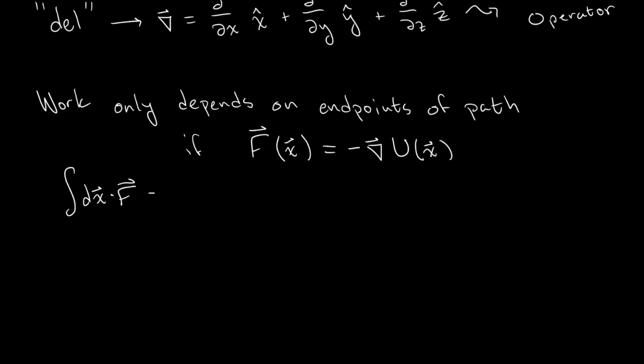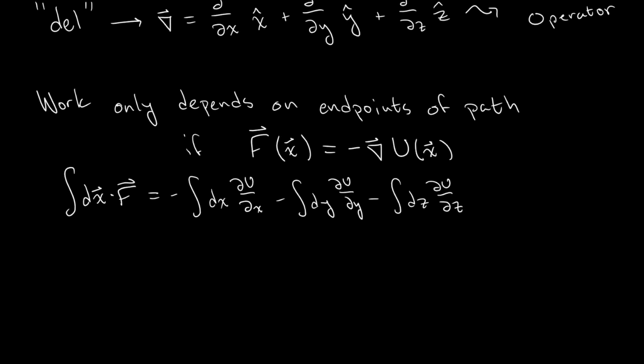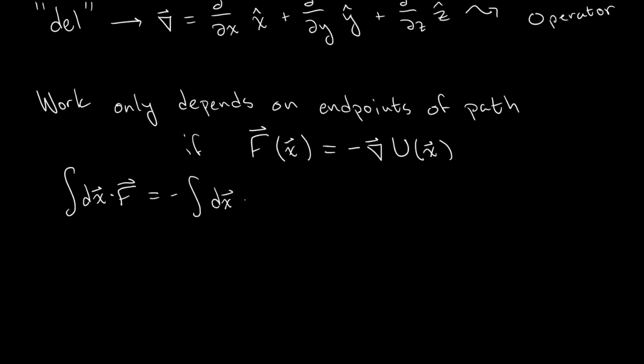Well, this is going to be equal to minus integral dx du dx minus integral dy du dy minus integral dz du dz. And so I'll write this in the more compact notation. So this is minus dx dot del u.